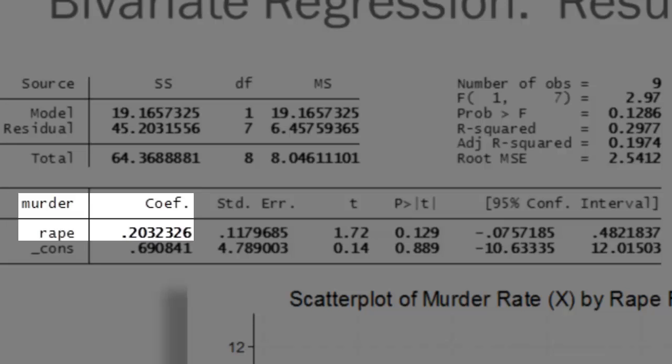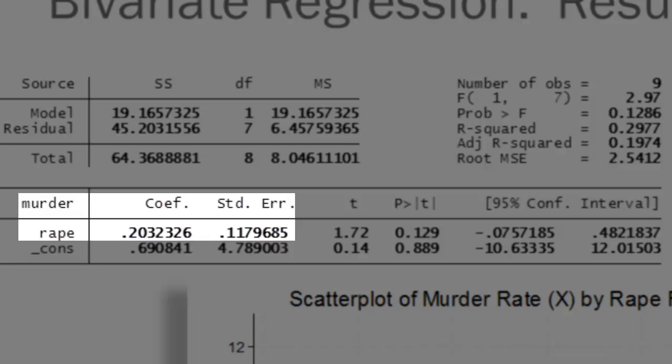Reading across, you'll see that the next number given is a standard error. That should be a clue that there's a test of significance that we can conduct based on this particular regression coefficient. The null hypothesis is that beta hat sub 1 is equal to 0, and the alternative hypothesis is that it's not equal to 0. I typically use a two-tailed test here because my regression coefficient can be negative or positive.